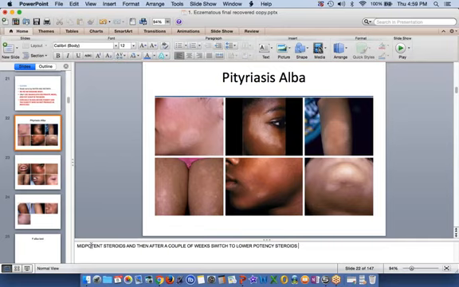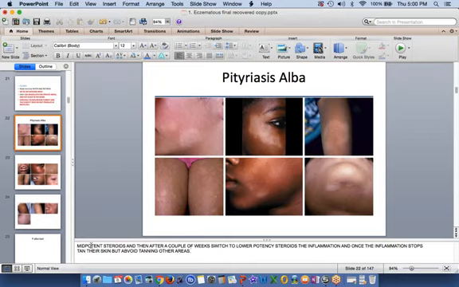And I want to go over that. The inflammation will stop, and once the inflammation stops, then if they want to increase the rate by which the pigment comes back, they could tan their skin, but avoid tanning other areas.